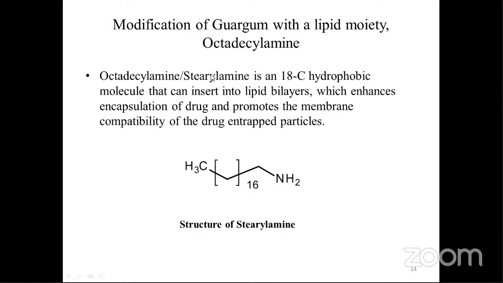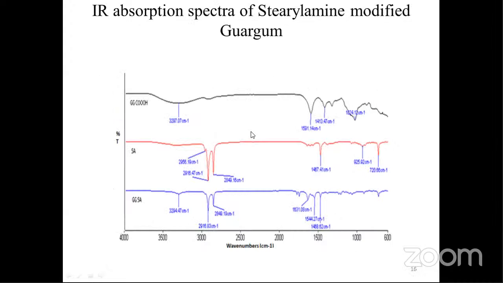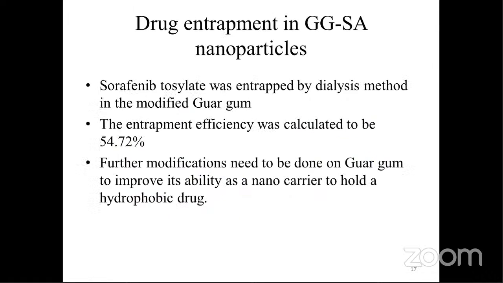Because of the amine group on stearylamine, it could be easily conjugated to the COOH modified guar gum. So this was the next functional group modification, and again it was confirmed using FTIR. Again, I checked the entrapment efficiency, and it was found to be only 54%.